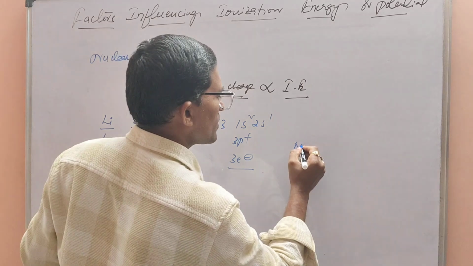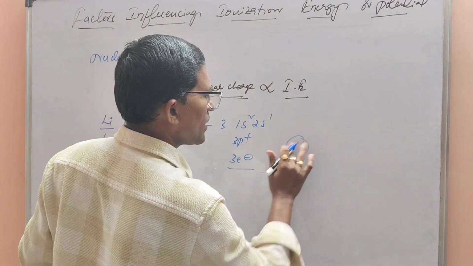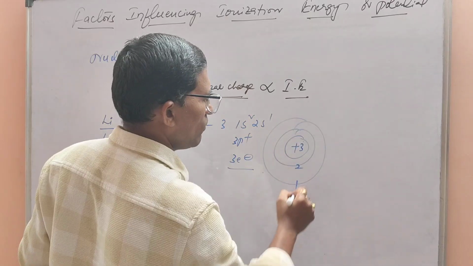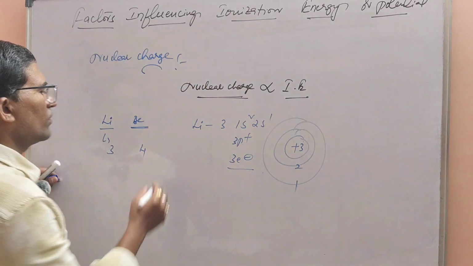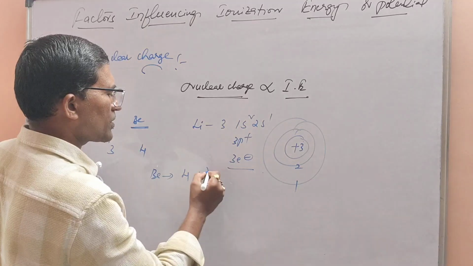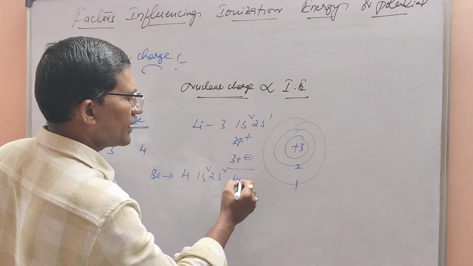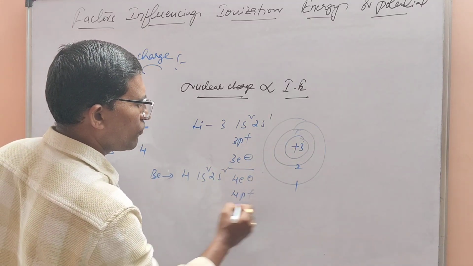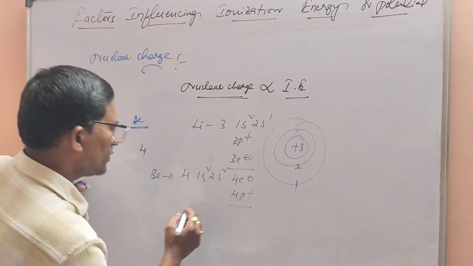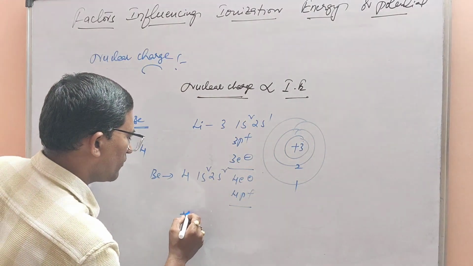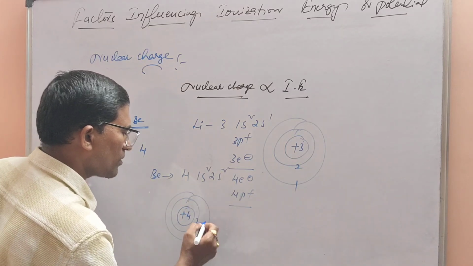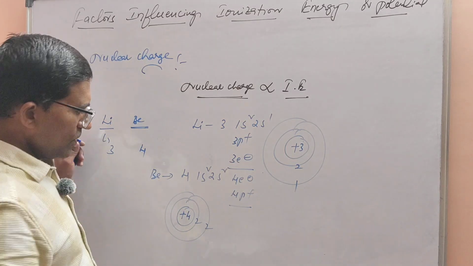If I write this is a nucleus, 3 protons are there, 3 positive charges. First shell 2 electrons, second shell 1 electron. Now in case of beryllium, atomic number is 4, configuration is 1s2, 2s2. It contains 4 electrons and 4 protons. So, if I write very clearly, the nucleus of beryllium has 4 protons, 4 positives. Outside the nucleus, 2 electrons and here 2 electrons.